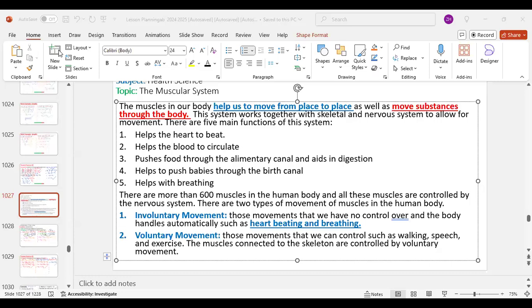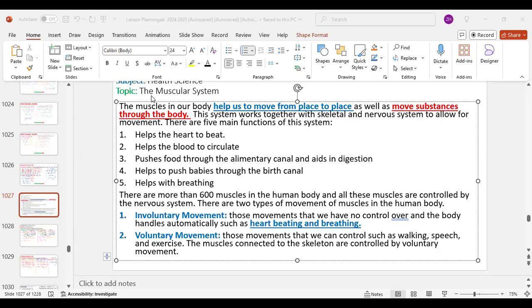What's the difference between involuntary and voluntary? Involuntary movement is when we don't have control over the body, and voluntary movement is movements that we can control. Very good. Class, give me some examples of involuntary movements.